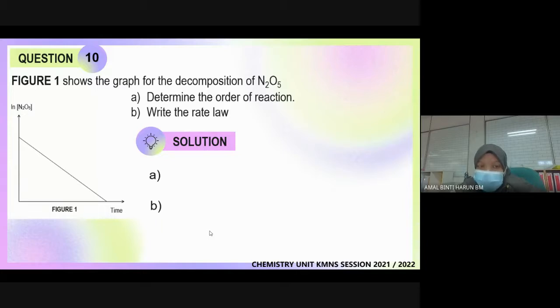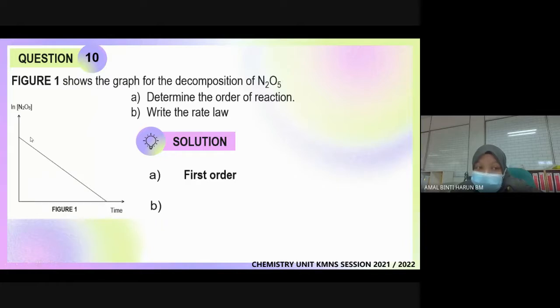Right, then determine the order of the reaction and then you need to write the rate law. So, untuk ini, kita boleh tengok dekat sini, that is ln concentration N2O5 versus time. So, if graph ln versus time, refer your rate table, you akan dapat linear graph kan. So, kalau linear bagi ln concentration versus time, that is first order.